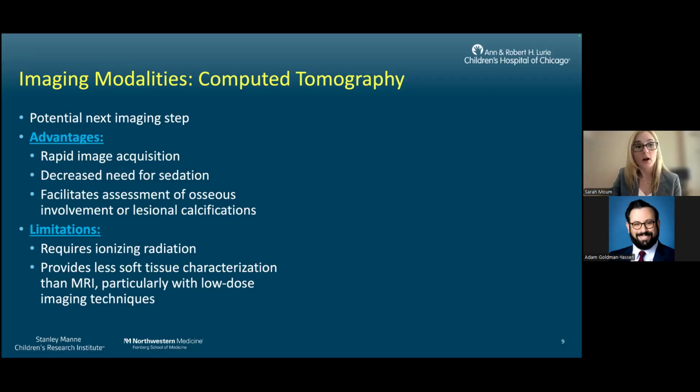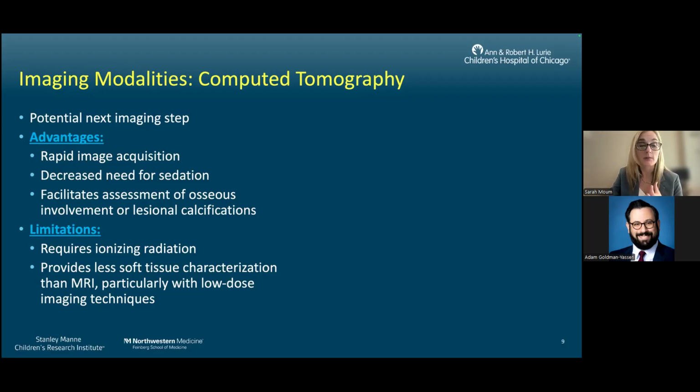So CT will often be performed to get an improved look at the deep neck spaces without the need for sedation. It's a more rapid acquisition, as we all know. And CT also provides the added benefit of a look at the adjacent osseous structures. Is there any internal calcification that can help us hone the differential?